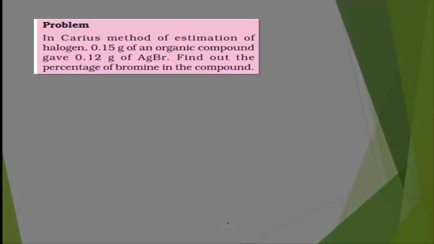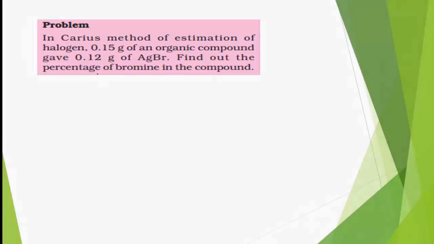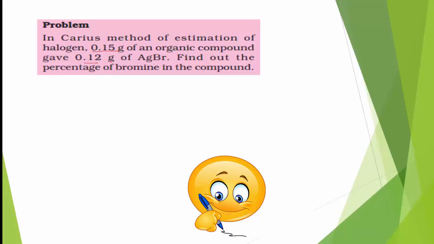In the Carius method of estimation of halogen, 0.15 gram of an organic compound gave 0.12 gram of silver bromide. Find out the percentage of bromine in the compound. This is pretty straightforward. We have the weight of the sample and the weight of the residue, silver bromide.